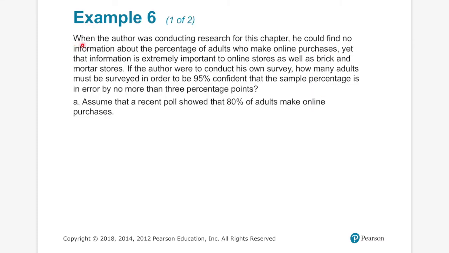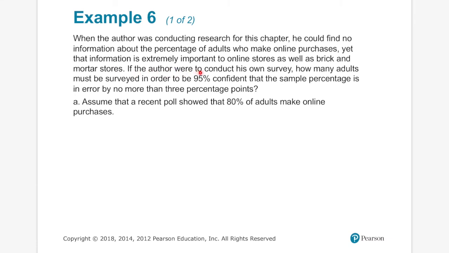Example 6. When the author was conducting research for this chapter, he could find no information about the percentage of adults who make online purchases. Yet, that information is extremely important to online stores as well as brick-and-mortar stores.